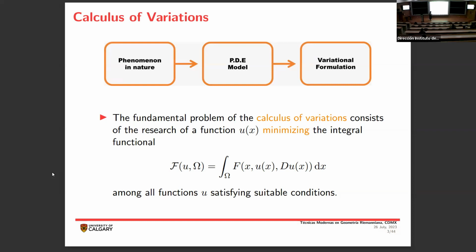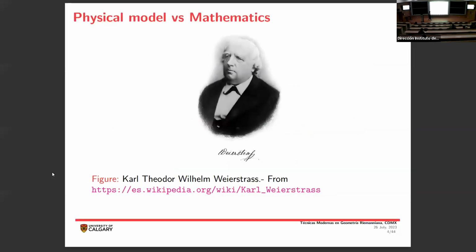But it was almost at the end of the 19th century when Weierstrass realized that there's an actual difference between reality and the model itself. Weierstrass gave us an example of an integral that does not attain its minimum. And this is very good because Weierstrass gave us the starting point for the methods of calculus of variations to start to develop.